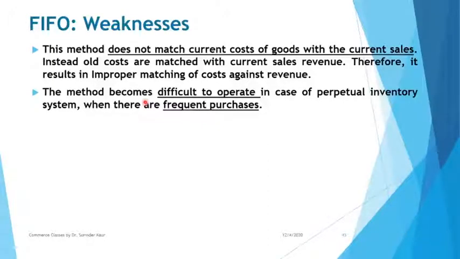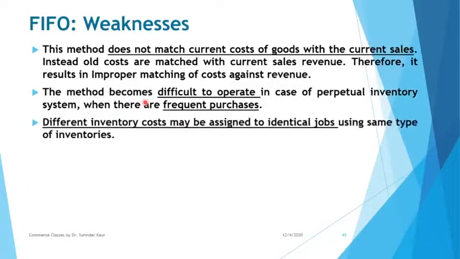So this is a practical difficulty. Although now in the times of computerized working, this is no longer a difficulty, because you are to give the instructions to the system software, and the software will start working accordingly. But manually, yes, it is difficult. Now, different costs may be assigned to identical jobs in this system. So you might be having similar job being done at different costs.